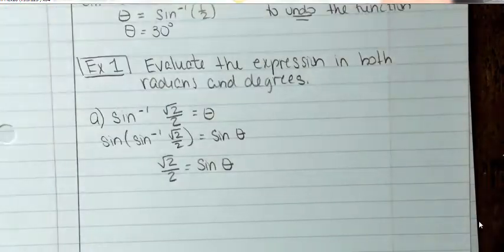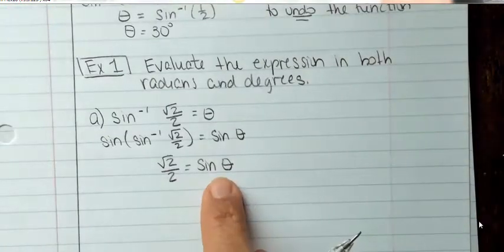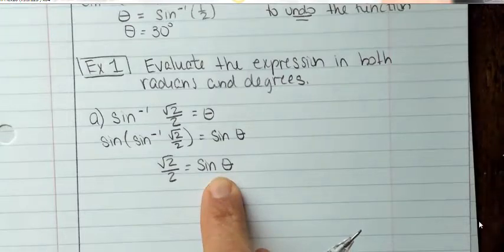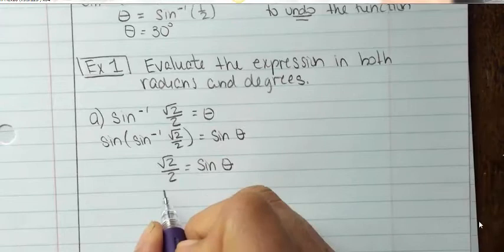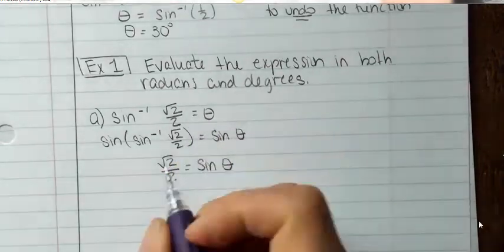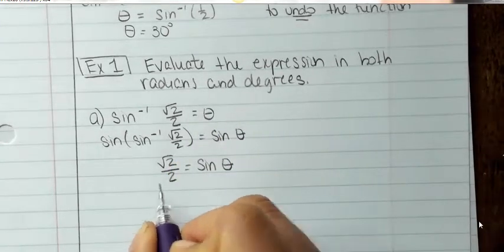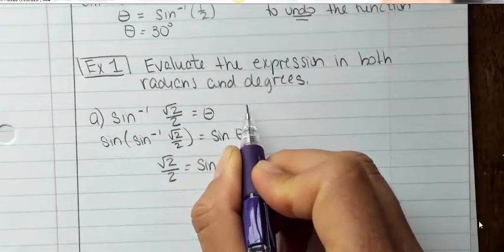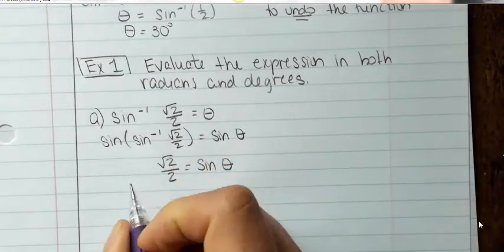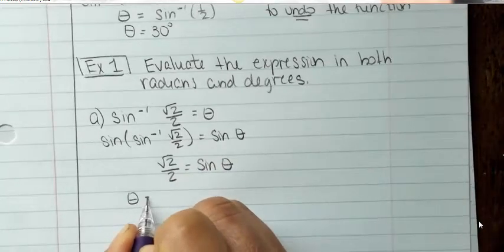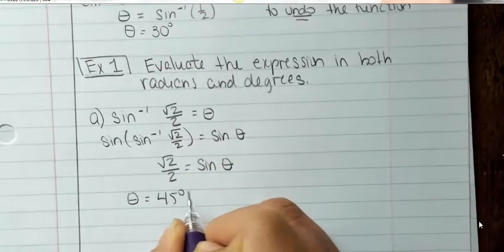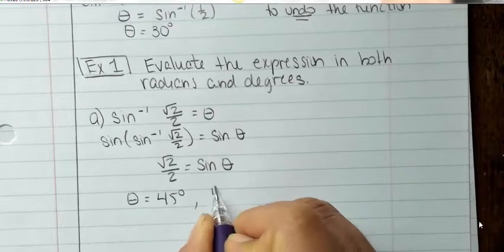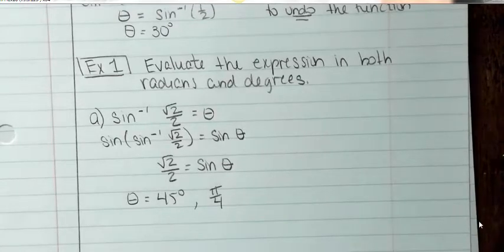Now, this happens to be a positive root 2 over 2, so I know that this is going to be a 45-degree angle. It says radians and degrees, so I know that theta is 45 degrees, or pi over 4 radians.